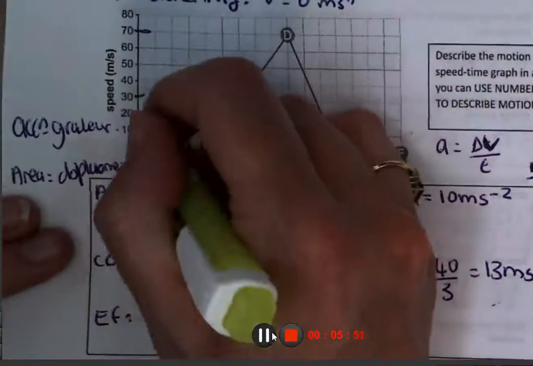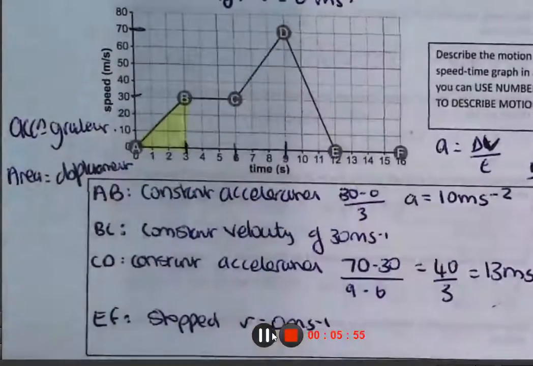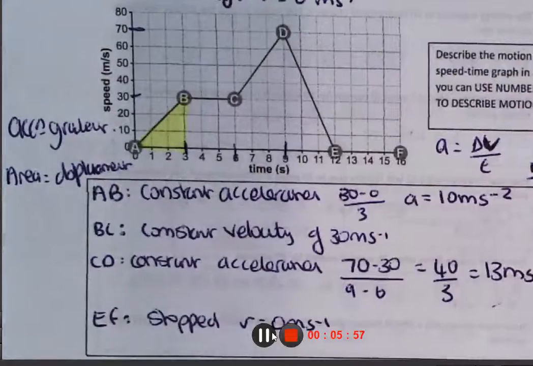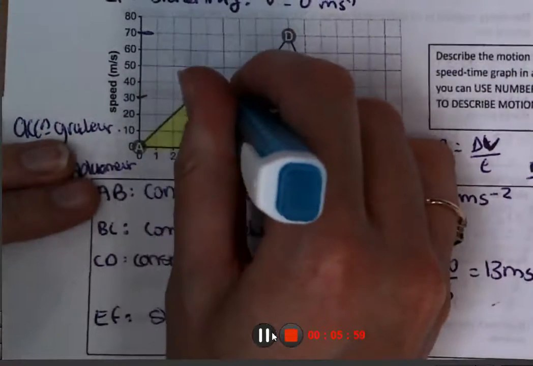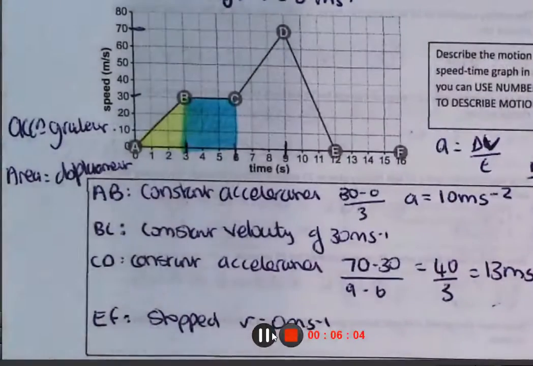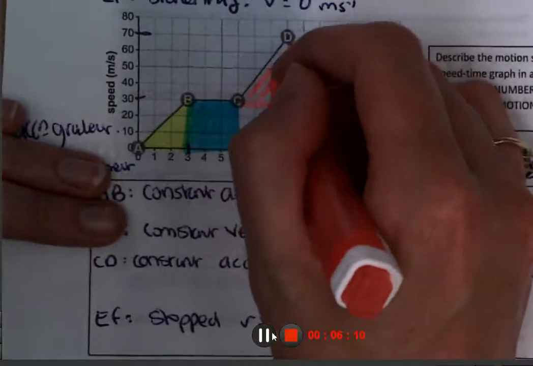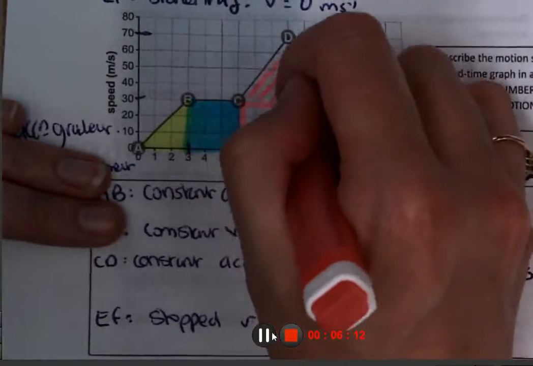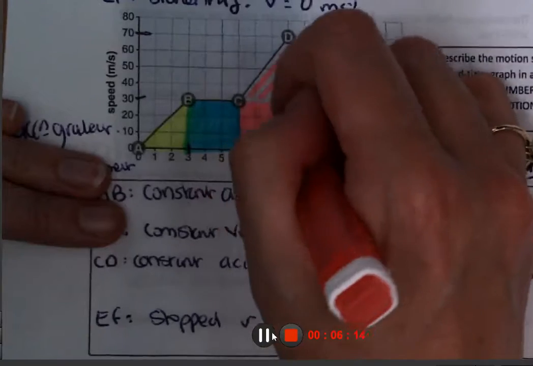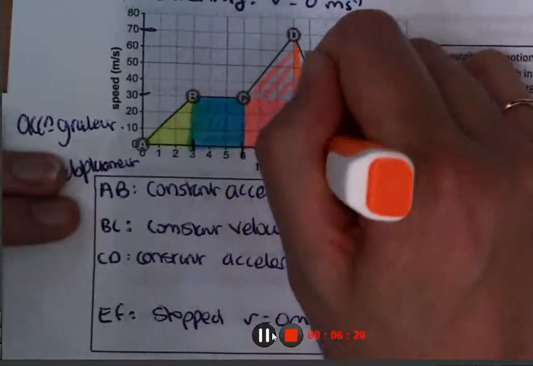So I've got my A to B, B to C, I've got C to D. I'm going to make this into sort of 2 sections. And then I've got my last section, which is D to E.